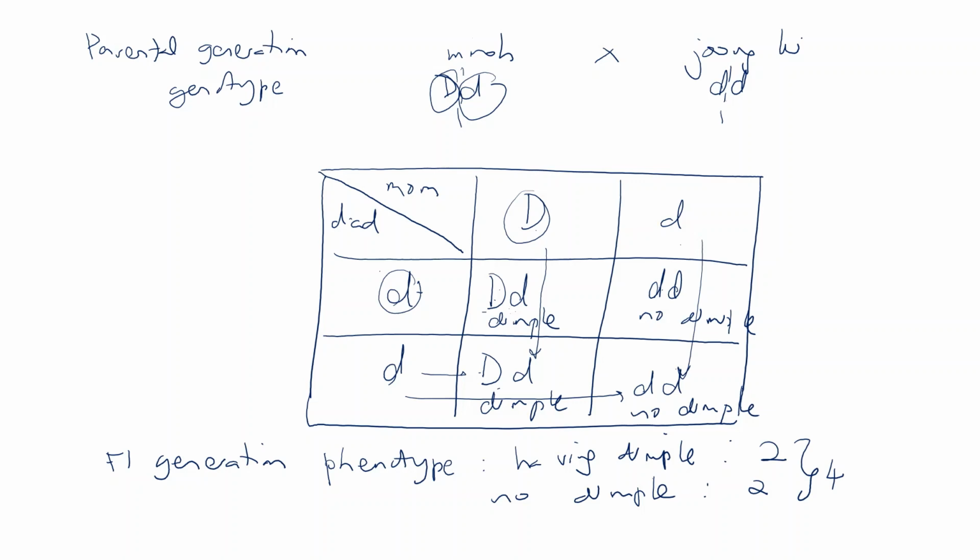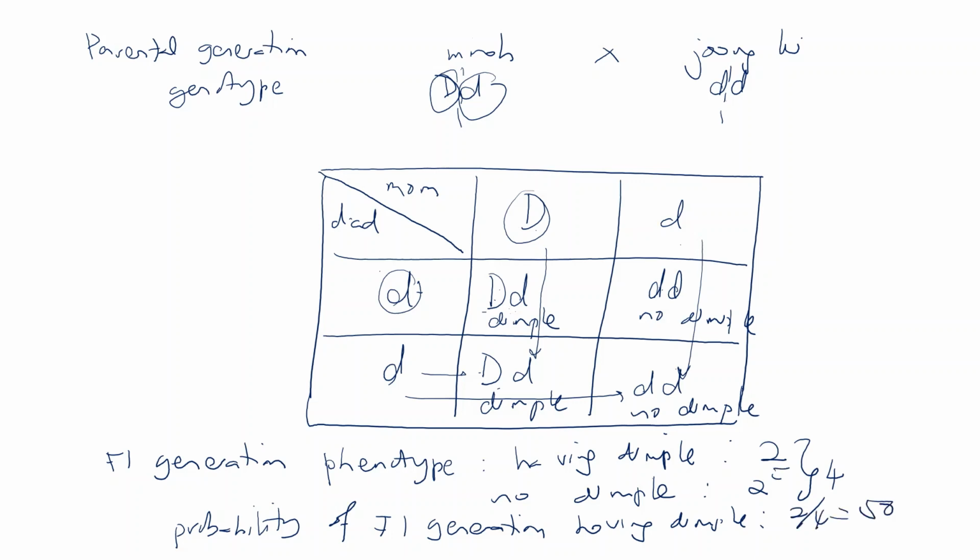If I want to calculate the probability of the F1 generation, or the child generation, having a dimple, in the same way it is 2 over 4, which is 50%. So the outcome is still the same.